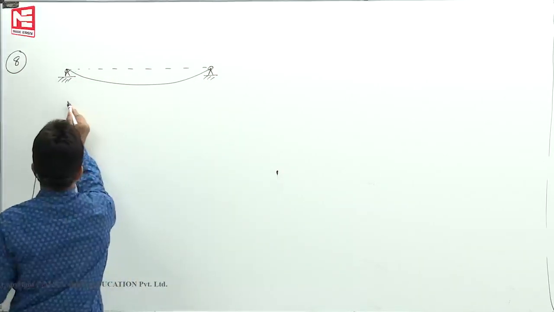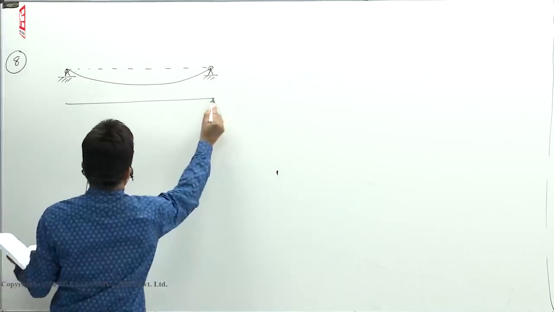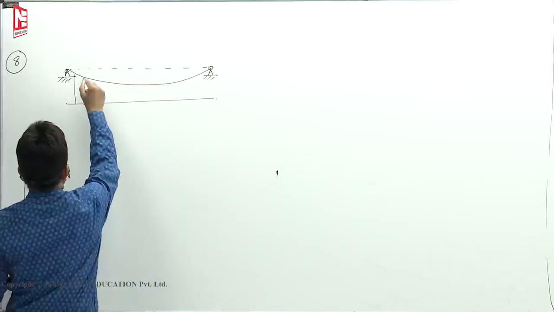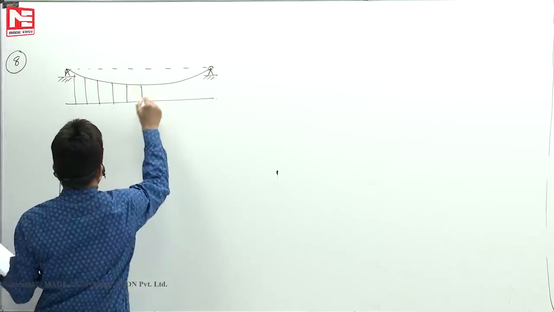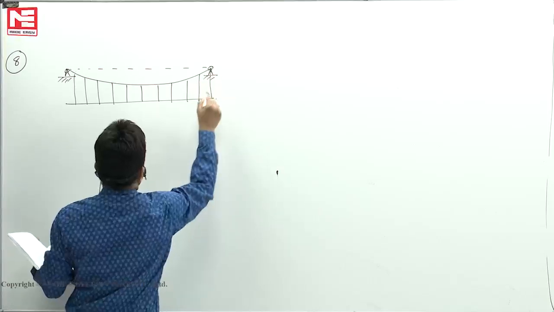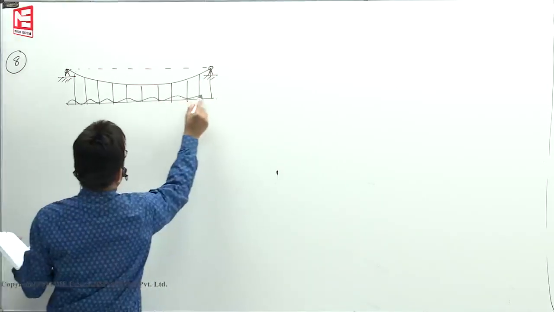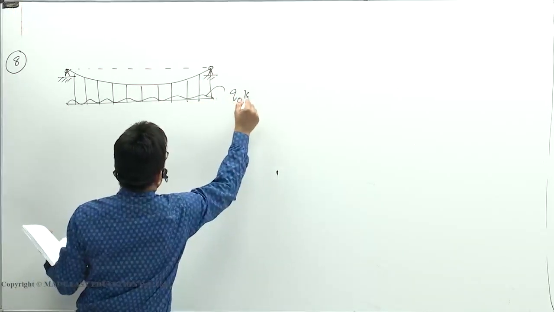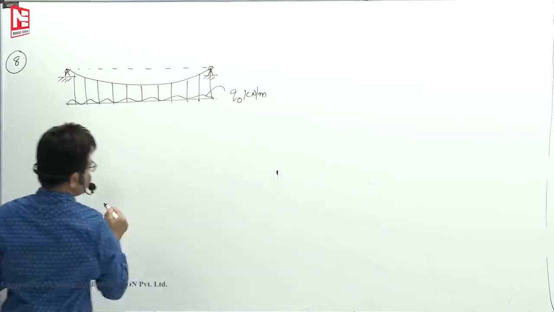It is subjected to uniformly distributed load coming from the hangers. Here hangers are there. This load you call Q0 kilonewtons per meter. This is what he is asking.